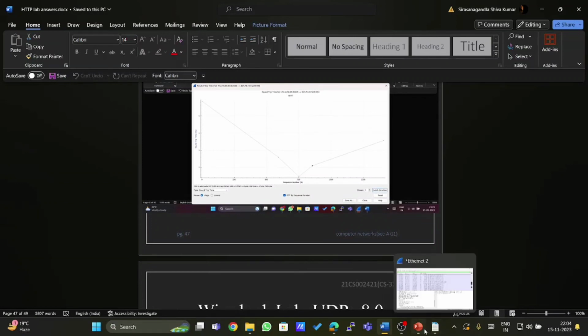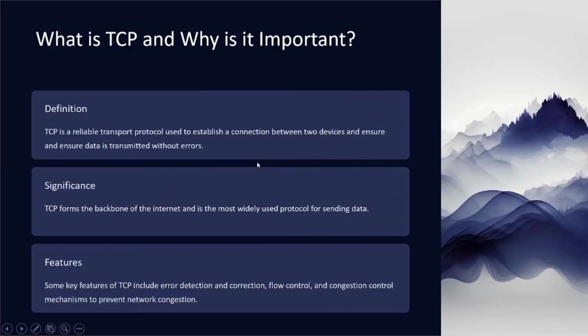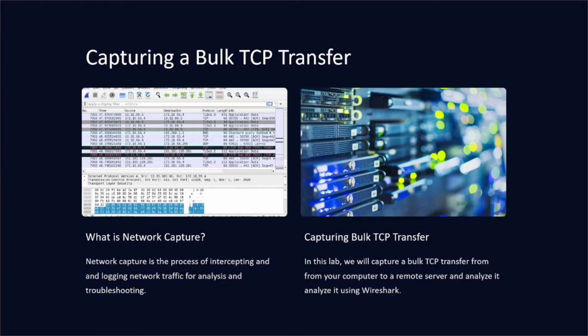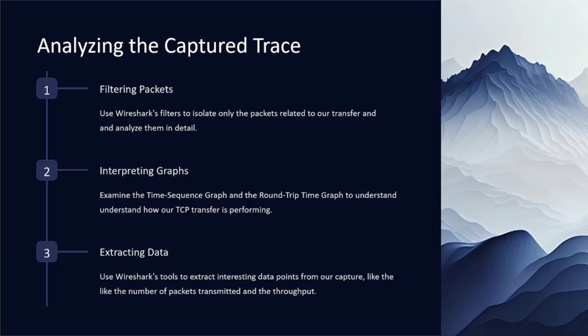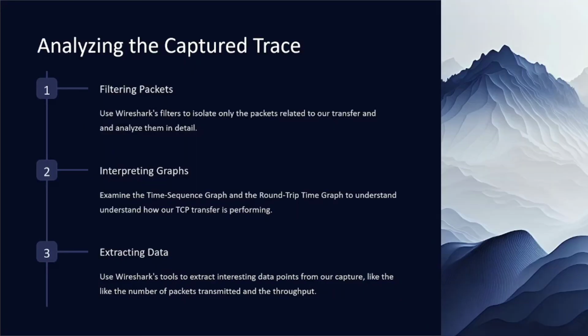So in this TCP segment, what we have gathered are the important features of TCP, how we capture the TCP packets, and capturing the bulk TCP transfer. In this TCP transfer, we have also seen the network capture and how to capture the bulk TCP transfer in the lab.